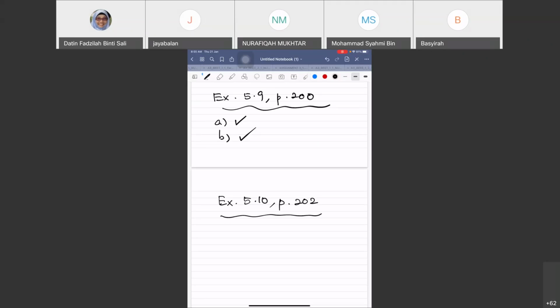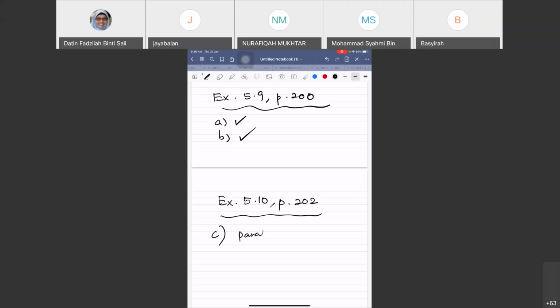Let's maybe try one question. Maybe try C. Can you do C? Can you check this? Remember the word is parallel. So when it comes to parallel, it has to be cross product.